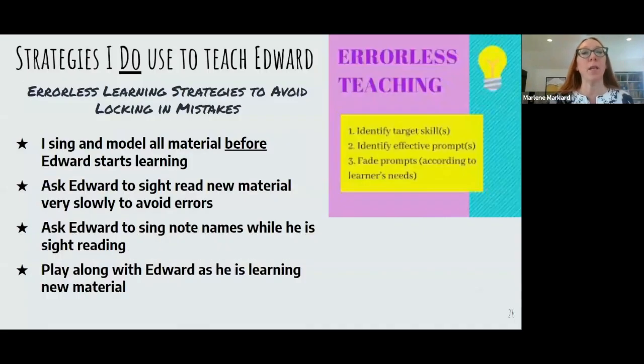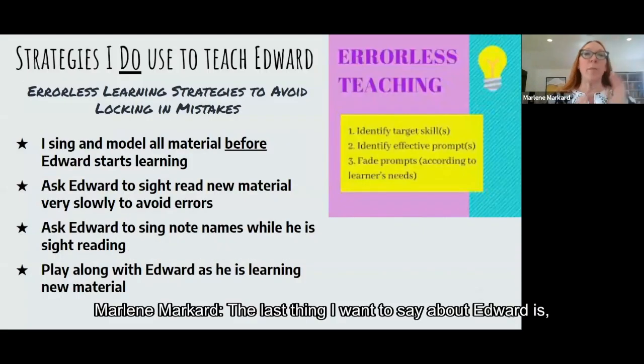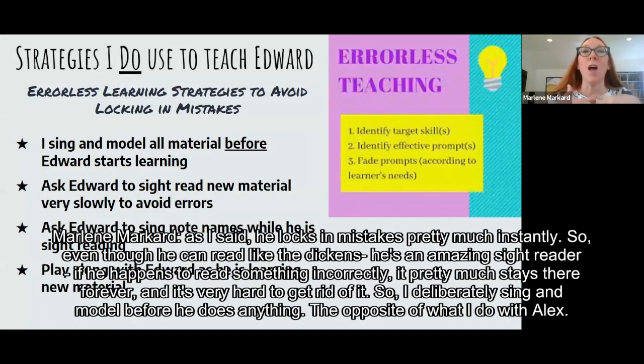The last thing I want to say about Edward is, as I said, he locks in mistakes pretty much instantly. So even though he can read like the Dickens, he's an amazing sight reader, if he happens to read something incorrectly, it pretty much stays there forever. And it's very hard to get rid of it.